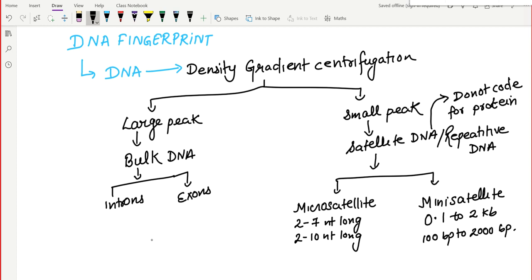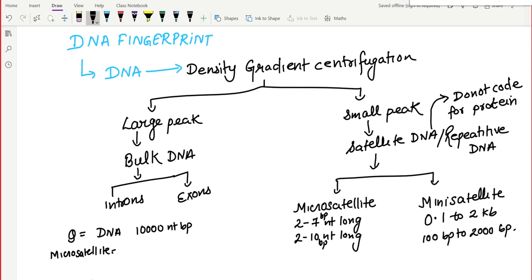Now for example, suppose a DNA has 10,000 base pairs. Microsatellites are 2 to 10 base pairs. Tell me, how many times can a microsatellite be present here?